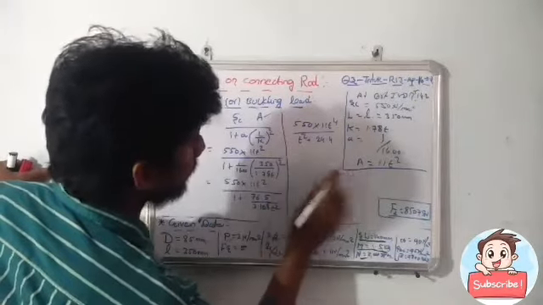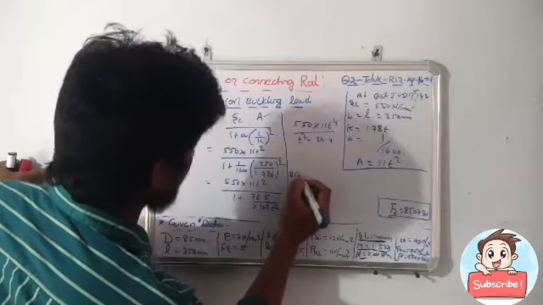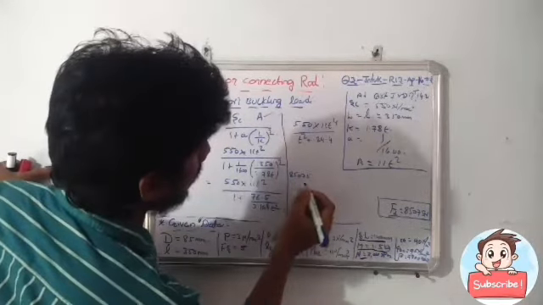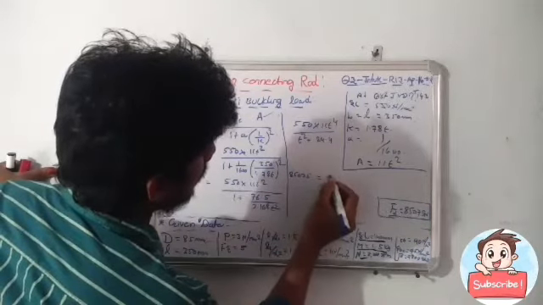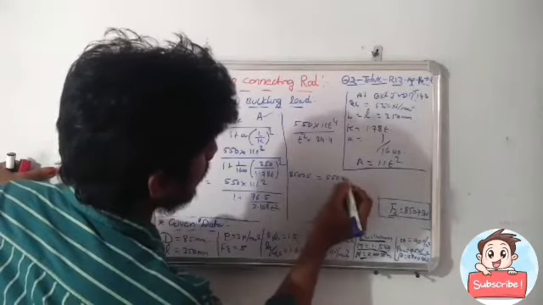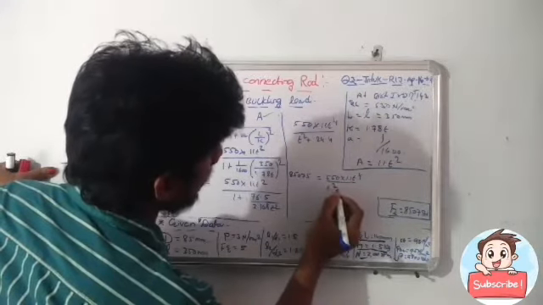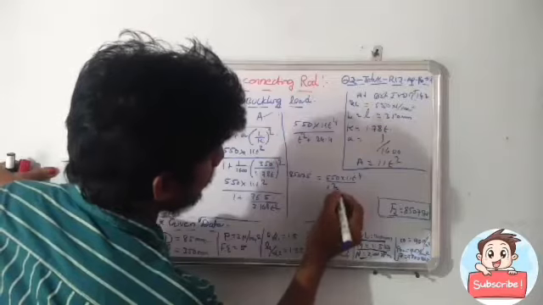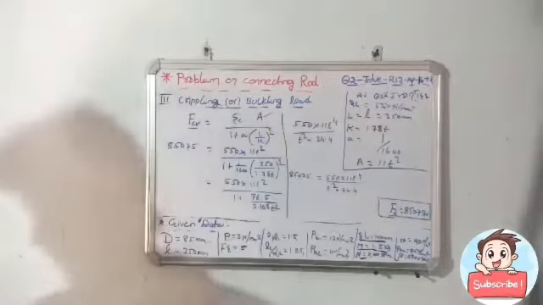So let's see that one. 85075 is equal to 550 into 11 t to the power of 4 whole divided by t square plus 24.4 something.